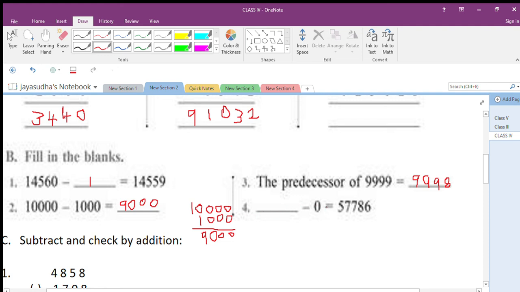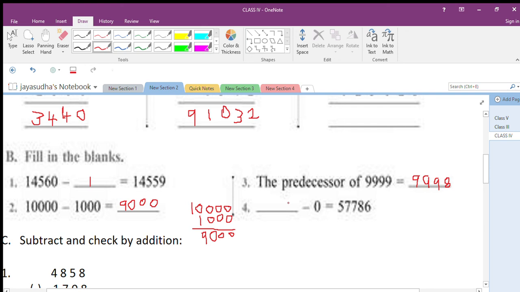Okay children, now move on to the fourth sum. Dash minus 0 equal to 57,786. So here the answer is here. In your question, 0. Any number you subtract with 0, you get the same number. So what is the answer in this dash?